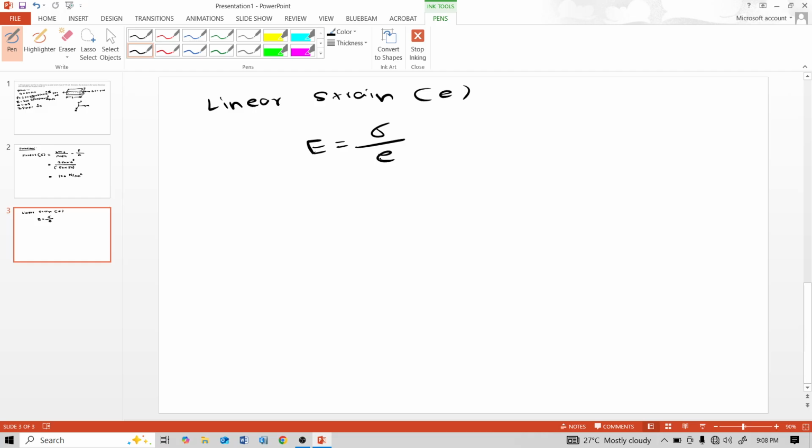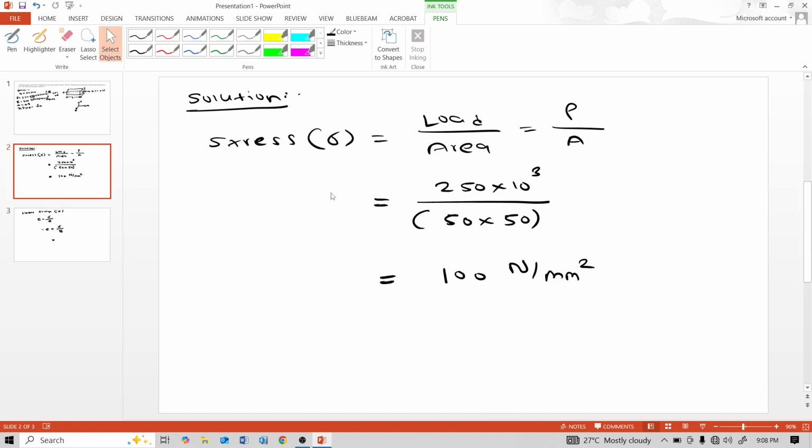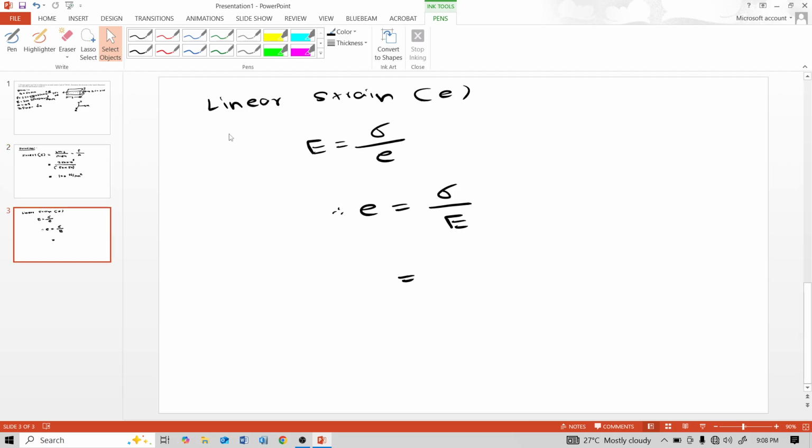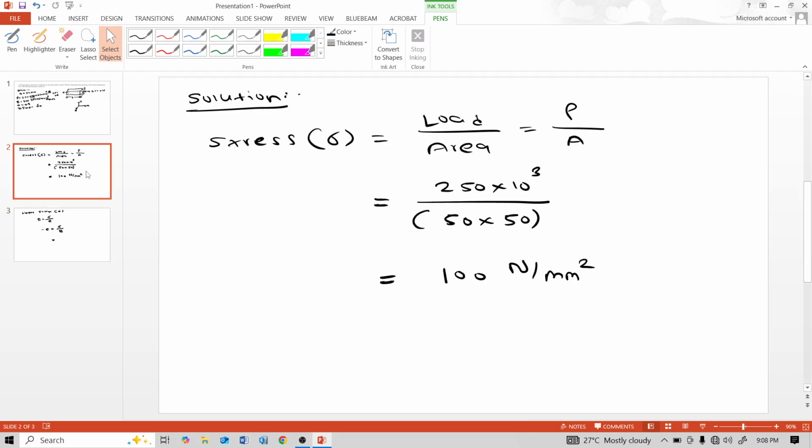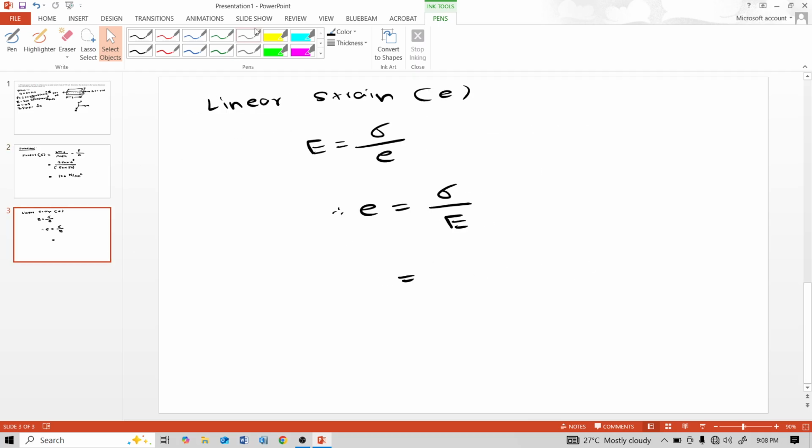Therefore, with the help of this formula, this small e linear strain is equal to stress upon Young's modulus. Why do we find this stress? Because here for calculating linear strain we need stress. That's why I find this stress, and the stress is 100 Newton per mm square.